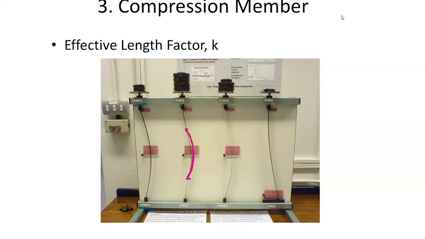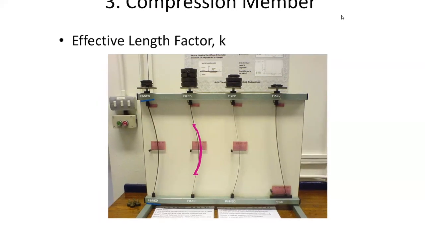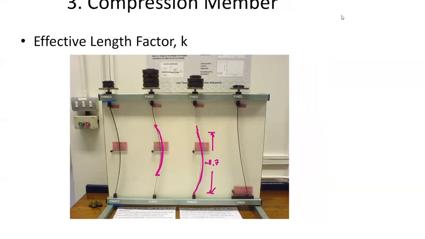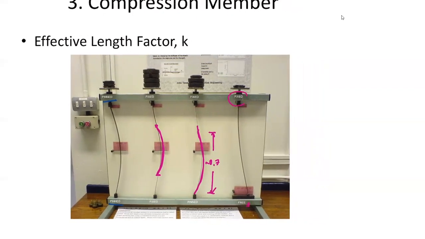Okay. When you fix one and then pin one, the perfect sine curve is just about, say, 70% of the length. And when you fix only one side, and this one is free, notice that the sine curve becomes longer, because in order to come back to this original place, it's about like 2L.